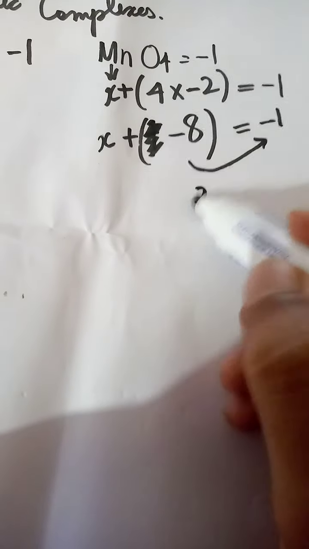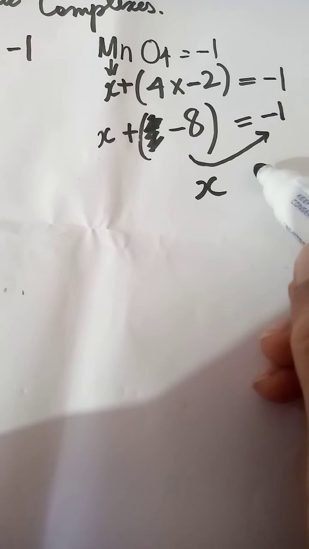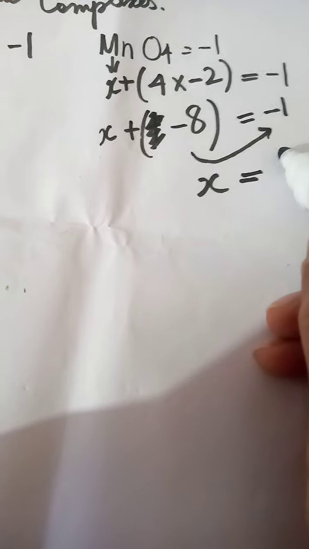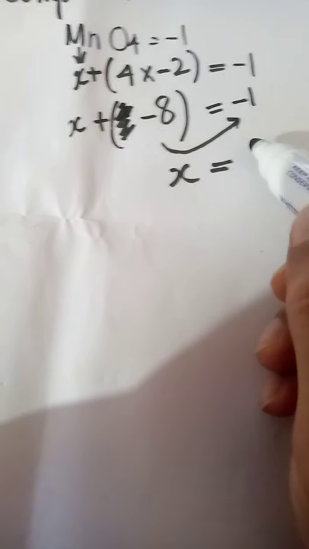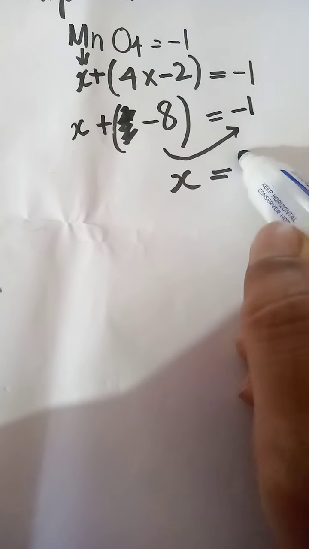So it'll be X plus 4 into -2, that'll be -8, equals -1. If I take that to the other side, it'll be 8 minus 1, 7, and the reacting valency of manganese in this manganate complex bonding with 4 nascent oxygen atoms would be +7.